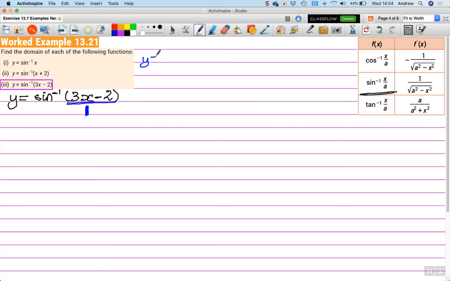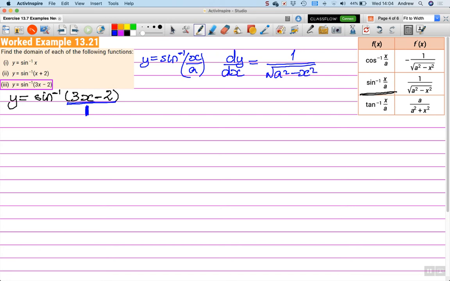So we're going to be using the formula y is equal to the inverse sine of x over a. And when we finish interpreting what the x and the a are in that formula, we're going to apply it to the answer, which is dy dx is 1 over the square root of a squared minus x squared.